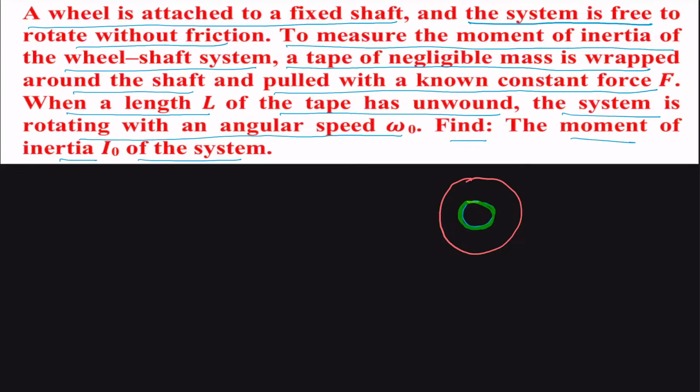We are pulling this tape with the force F, and it is given that when the length of the tape is L, the system is rotating. It means the wheel will be rotating at an angular speed of omega naught, and we have to find out what will be the moment of inertia.